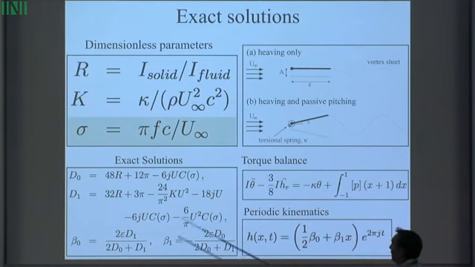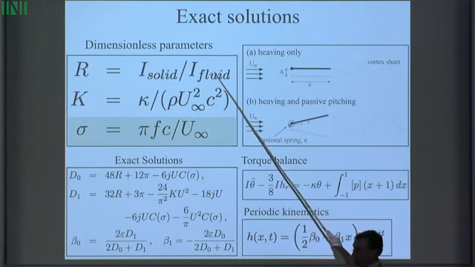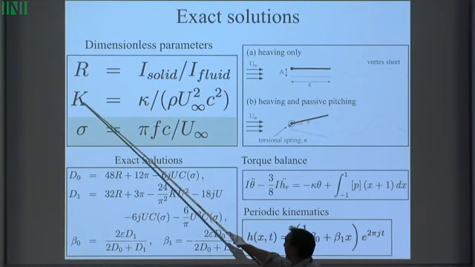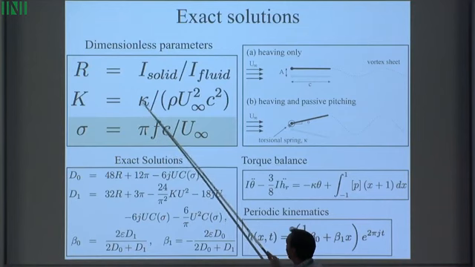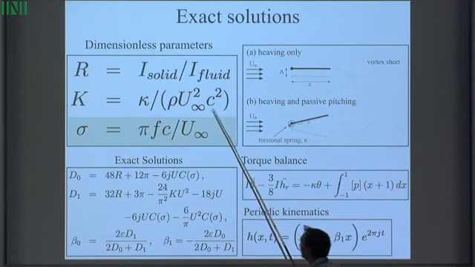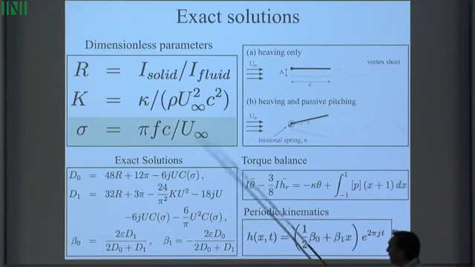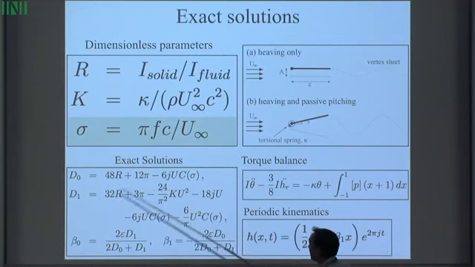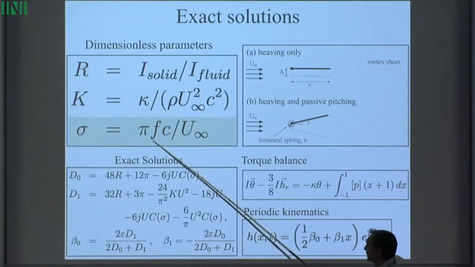The fluid, you could think of this as added mass or added inertia. Big K is a dimensionless spring constant. So it's the regular spring constant scaled on fluid forces. And then sigma is the reduced frequency. That one's important because I'll vary that a lot. So it's the driving frequency scaled on a time scale of the fluid flow there.